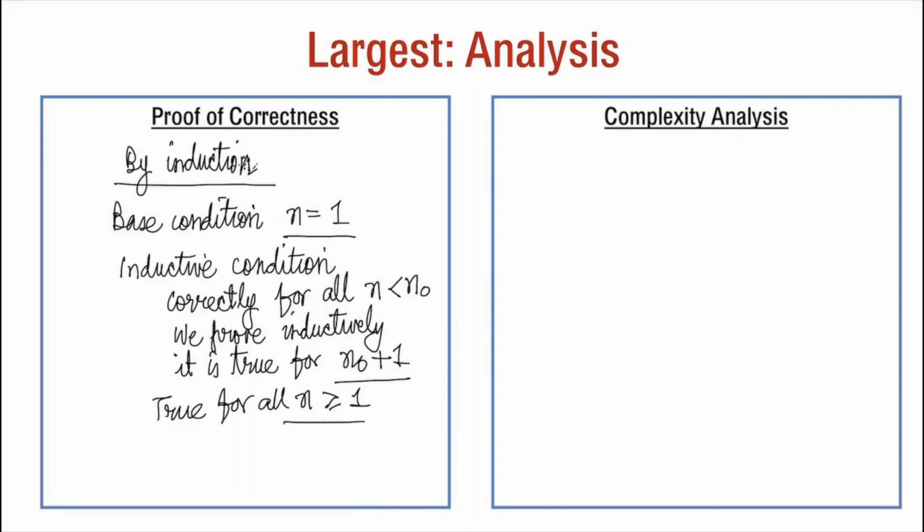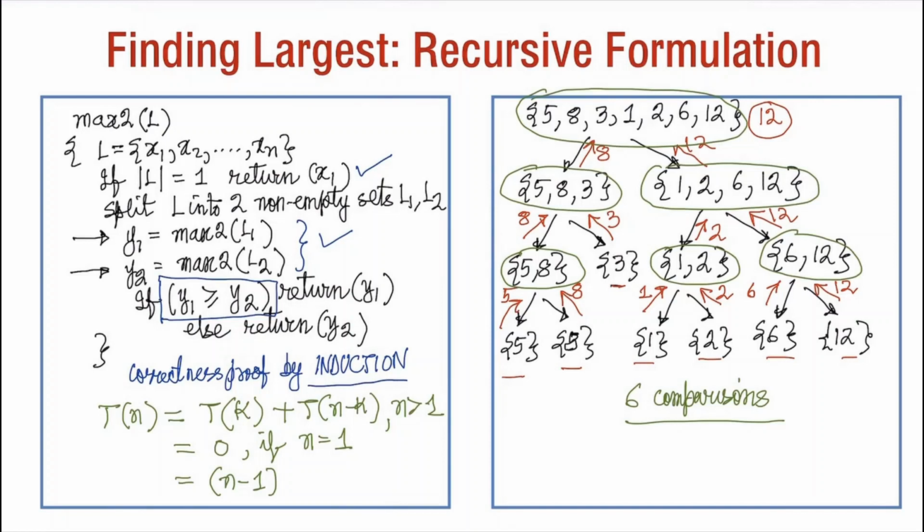And how did we do the complexity analysis? We did the complexity analysis by using what is called a recurrence relation. The recurrence relation was Tk plus Tn minus k plus 1.